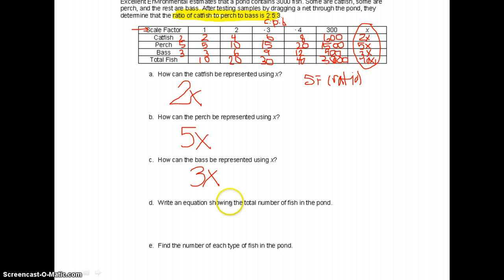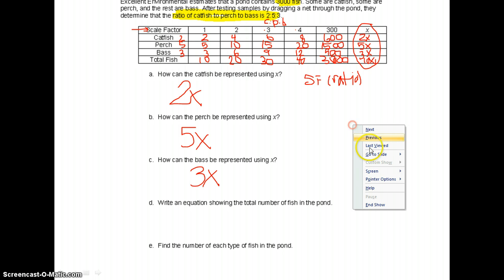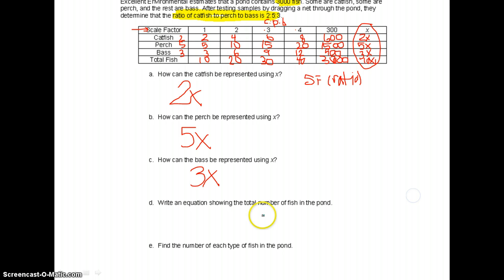D says, write an equation showing the total number of fish in the pond. Well, our total number of fish is what? 10x. Well, let's not go there yet. It told us up at the top that the total number of fish they estimate is 3,000. So that is our total, 3,000.